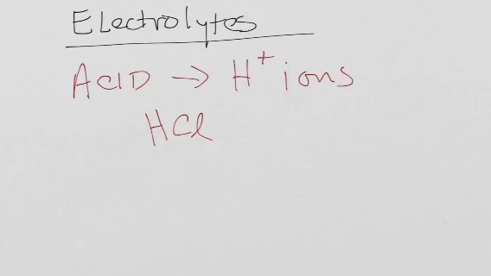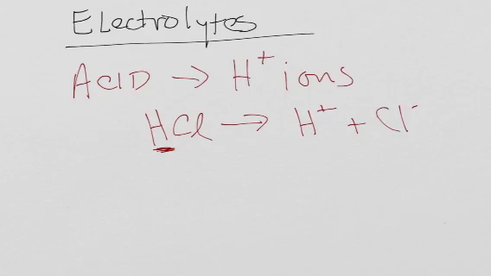But if we break this chemical equation up, that is H plus and Cl minus. So acids are identified as having H's in their chemical formula like that. We're going to see more and more of these and we're going to practice them.